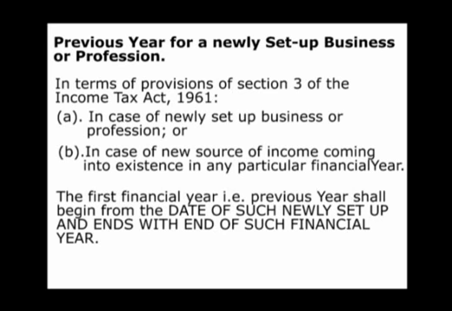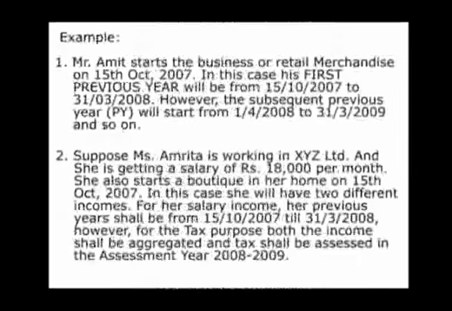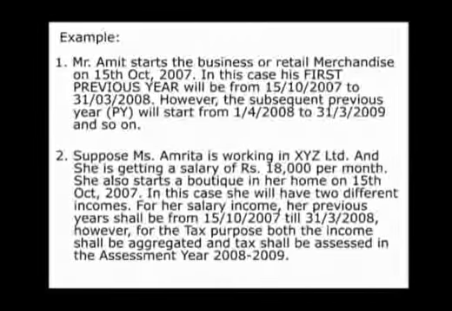How? We'll try to understand this concept with an example. For example, Mr. Amit starts the business of retail merchandise on 15th October 2007. In this case, his first previous year will be from 15th October 2007 to 31st March 2008.